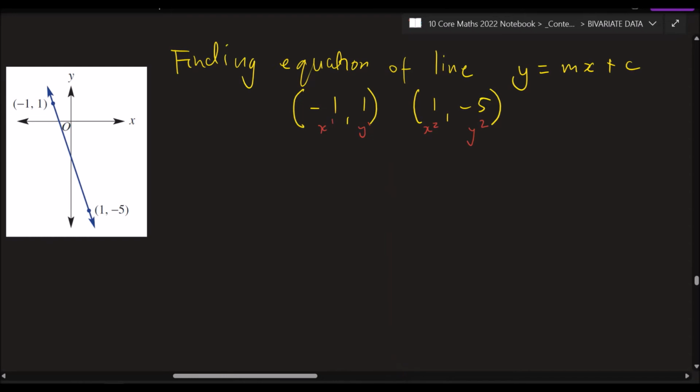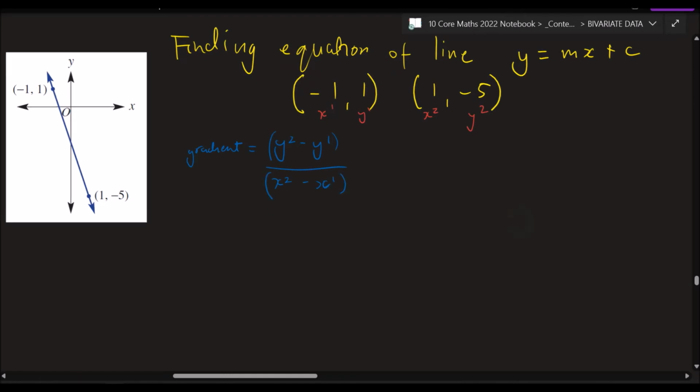First thing, let's find the gradient. You don't have to write the formula, but for your sake, I will. y2 minus y1, put it in brackets if you like, divided by x2 minus x1.